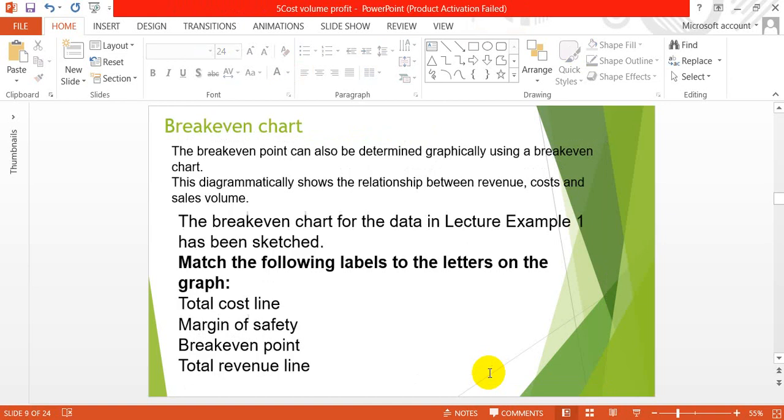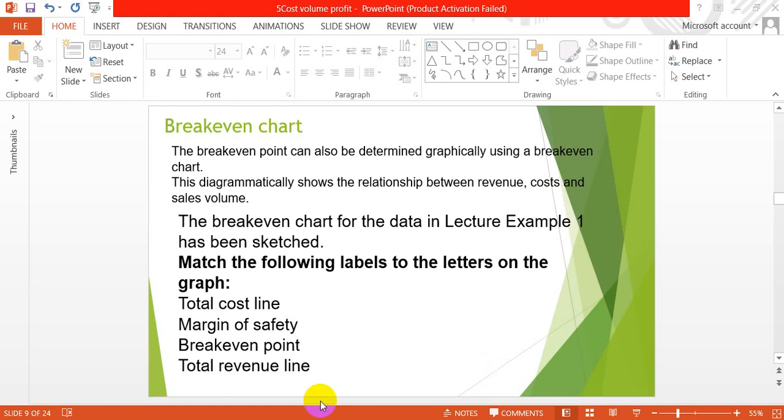We now move to break-even charts. The break-even point can also be determined graphically using a break-even chart. This diagrammatically shows the relationship between revenue, costs, and sales volume.